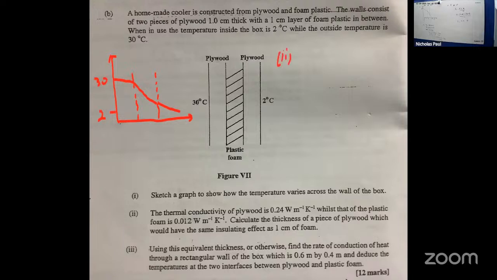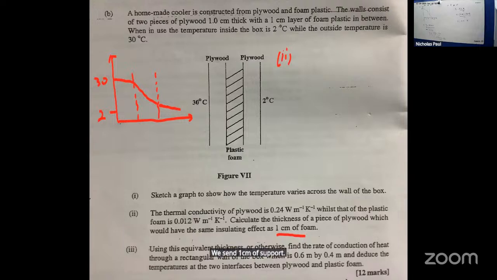I'll get to the first part, right? Part two, what are we replacing? We're replacing 1 centimeter of foam.